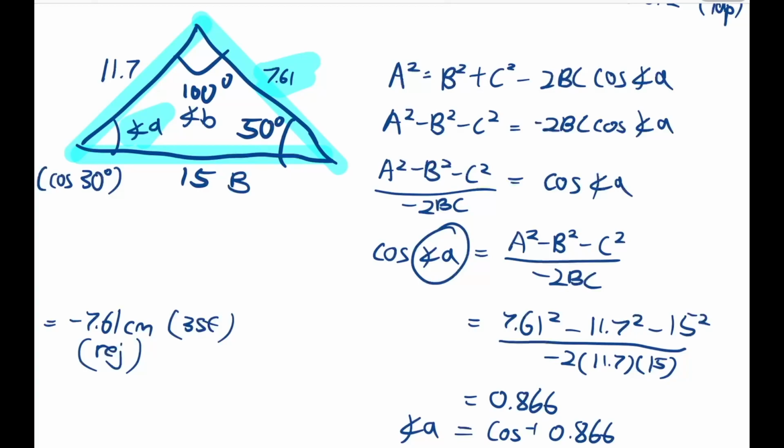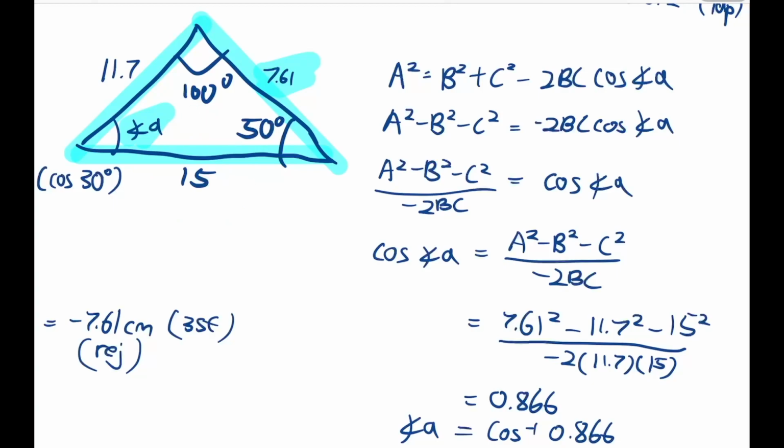Okay, so putting that into my formula over here, I'll have 7.61 squared. So this is my A. And I conveniently chose this to be B, so it's B squared. And then 15 squared. So 15 is actually my C over here. So notice I've changed the alphabets a little again.